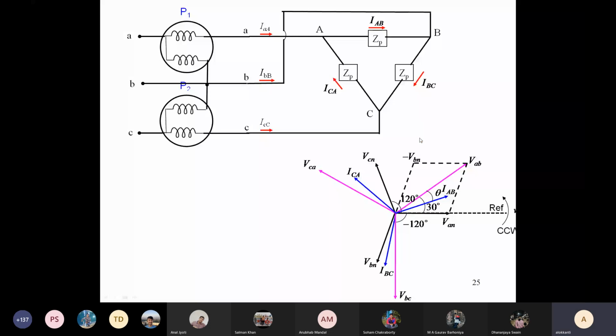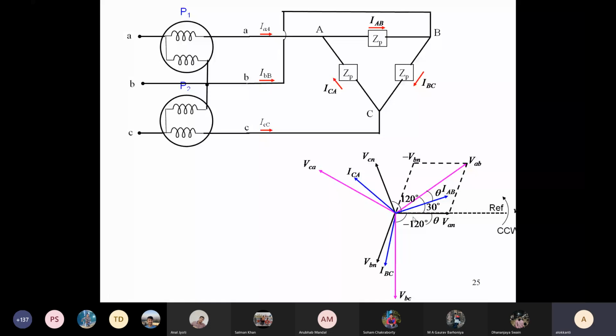Now, what we are concerned with is the line current IA. IA is IAB minus ICA, which you have already done. IAB is here, so you have to reverse ICA, and it will be somewhere here.